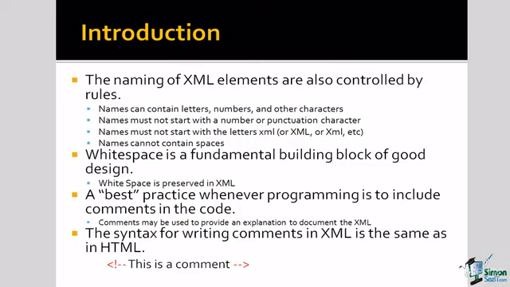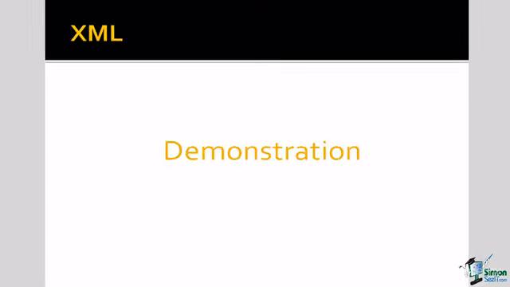A less than sign followed by an exclamation point and 2 dashes begins the comment. 2 dashes and a greater than sign ends the comment. Anything that we put between these two symbols will be ignored by the XML processor. So let's go look at some code.